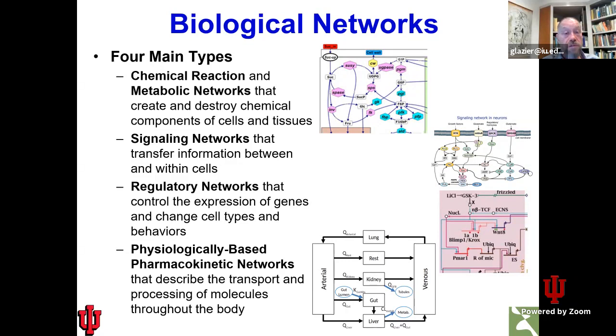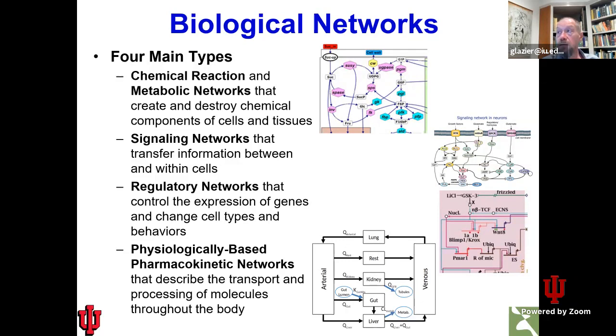Signaling networks that transfer information within cells and between them. Regulatory networks that turn genes on and off and change cell types and cell type behaviors. And then at a higher scale, the transport of molecular species within your body, primarily through the bloodstream. Those are what are called physiologically based pharmacokinetic models.